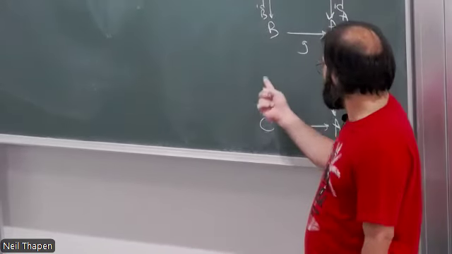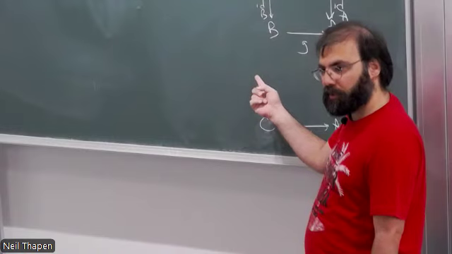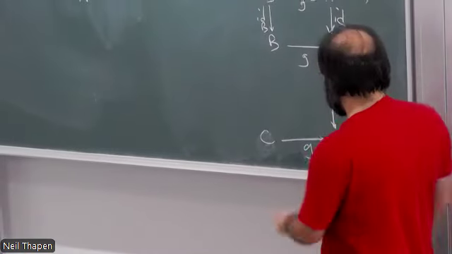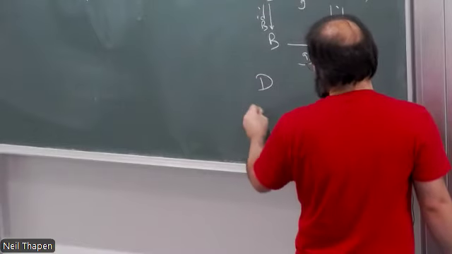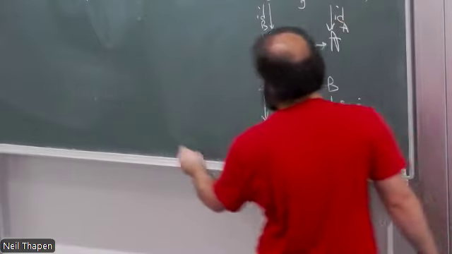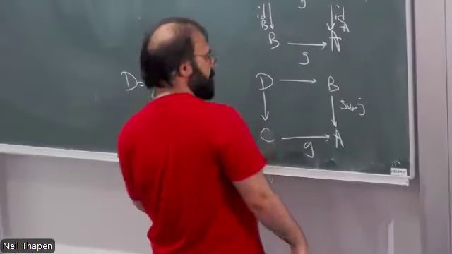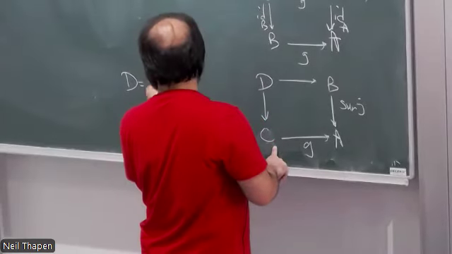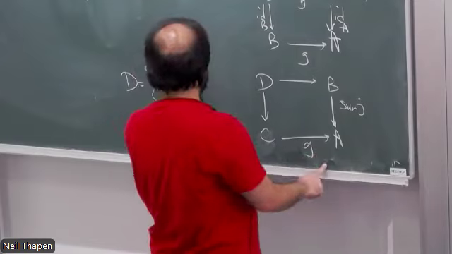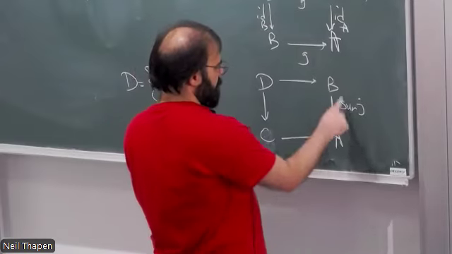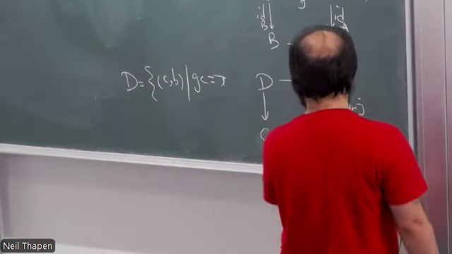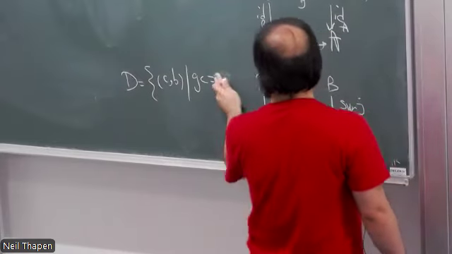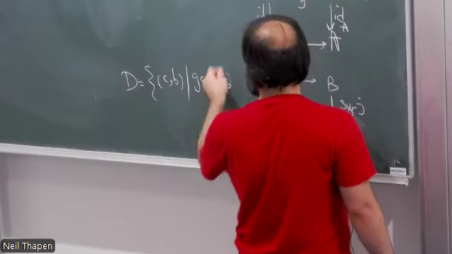The best thing to check here is just to pull back and see whether it works or not. So the pullback here is this. Let's say D and the functions. D by definition is just the pairs (C, B) such that G of C equals F of B.